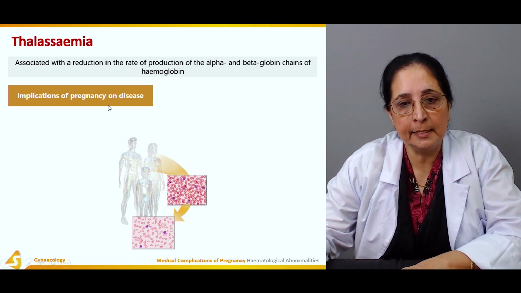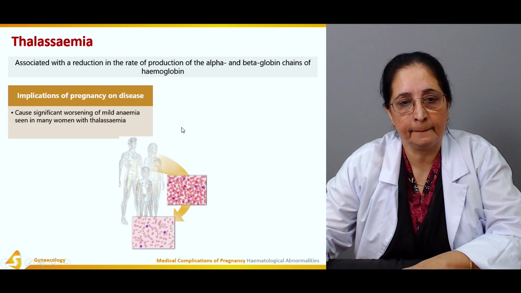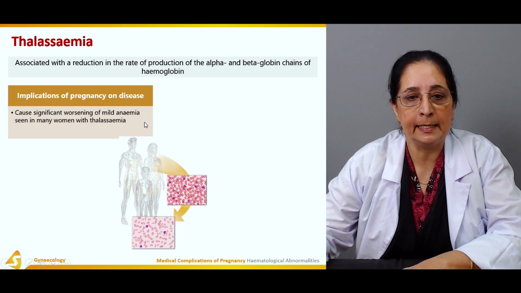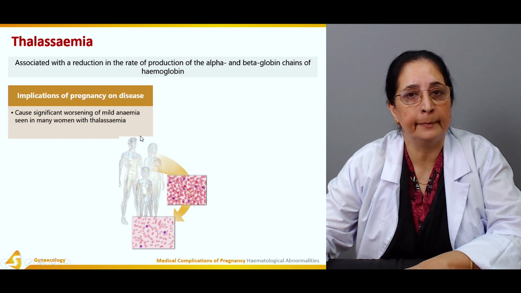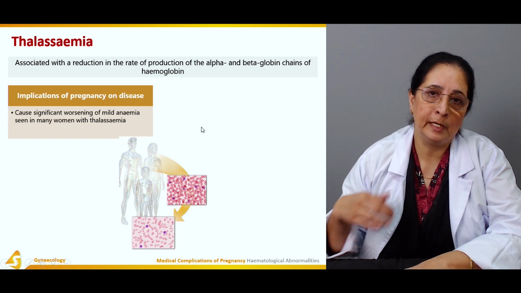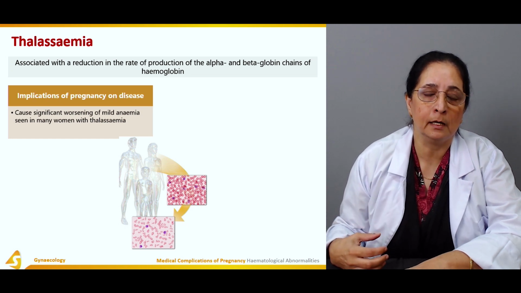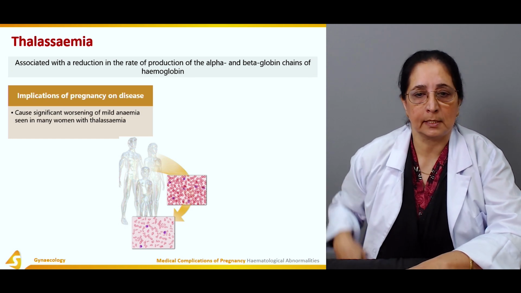Implications of pregnancy on thalassemia: pregnancy causes significant worsening of the mild anemia seen in many women with thalassemia. So with pregnancy, there is an increase in the level of anemia and it gets worse.